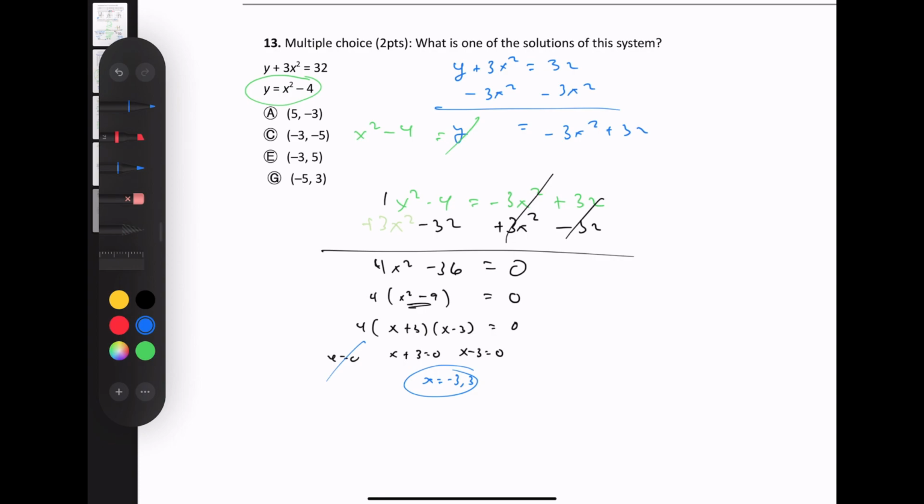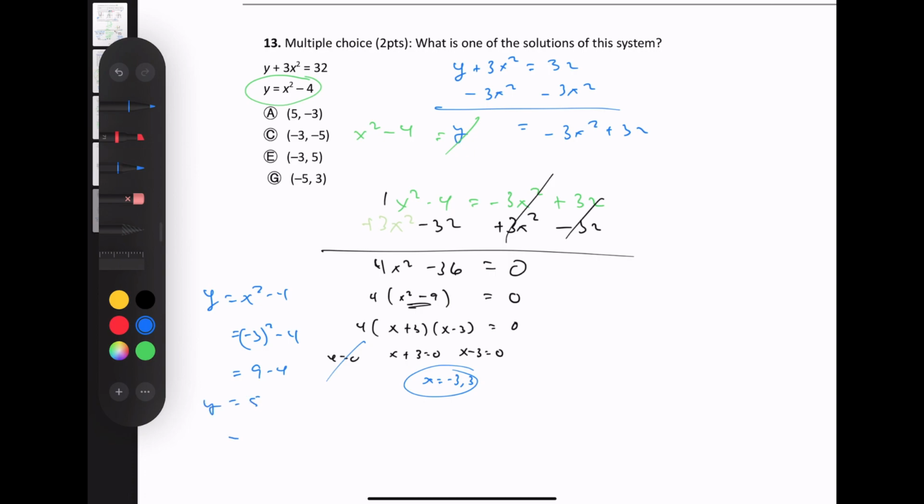Okay, so what I would do in this problem is, let's test -3. Y equals x squared minus 4. And if I put in -3, I should get 9 minus 4 is 5.